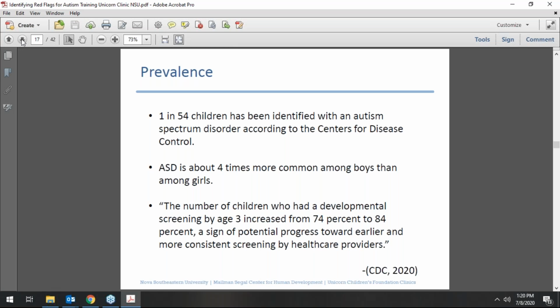Autism spectrum is about 4 times more common among boys than among girls. Also, the number of children who had a developmental screening by age 3 increased from 74% to 84%. This is really telling us that we're moving towards earlier and more consistent screening. As we're screening these children at an earlier age, we're getting them access to services earlier.